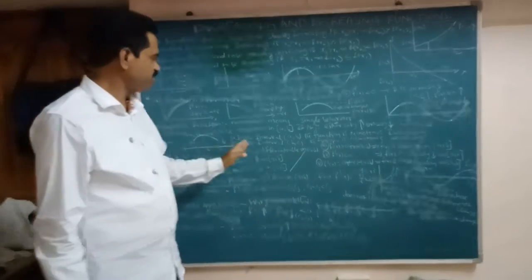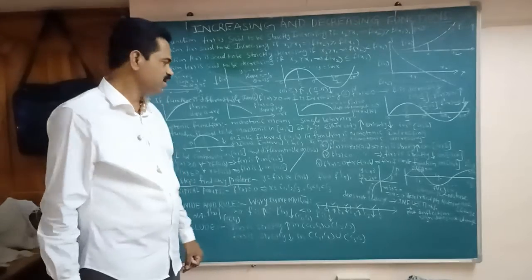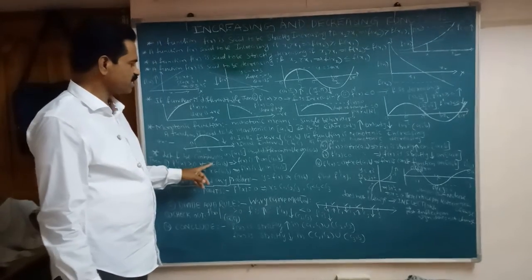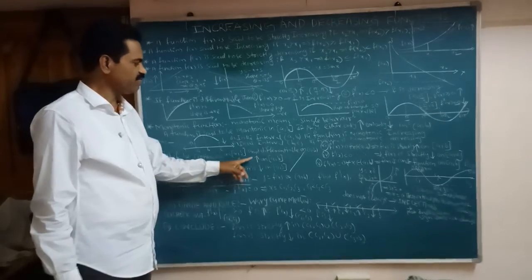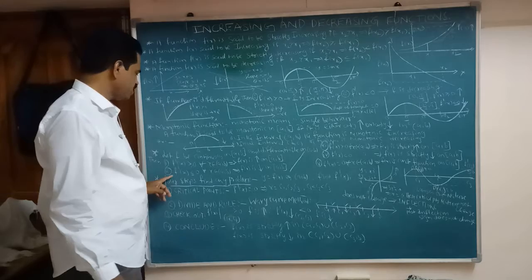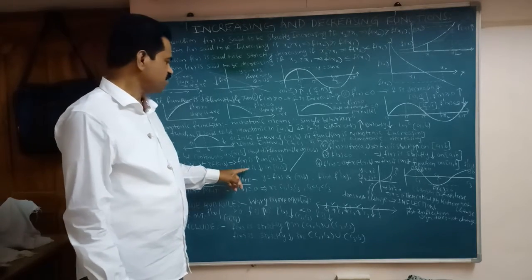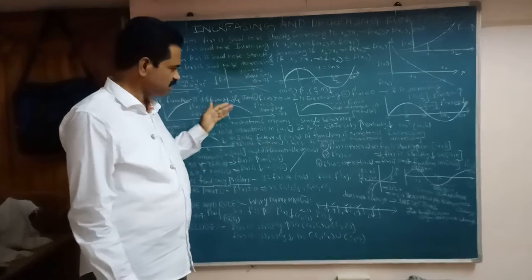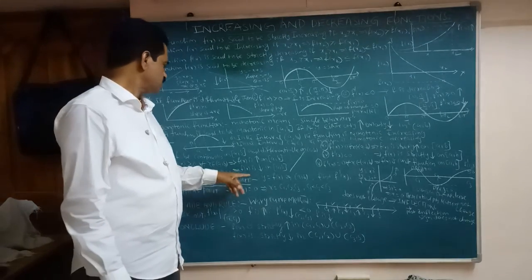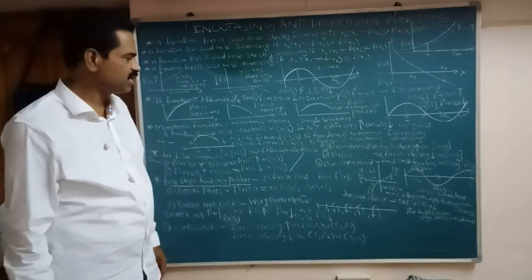Let f be a continuous function on the closed interval a comma b and differentiable on the open interval a comma b. If f dash x is greater than or equal to 0 for all x belonging to a comma b, then f of x is increasing on a comma b. If f dash x is less than or equal to 0 for all x, then f of x is decreasing in a comma b.